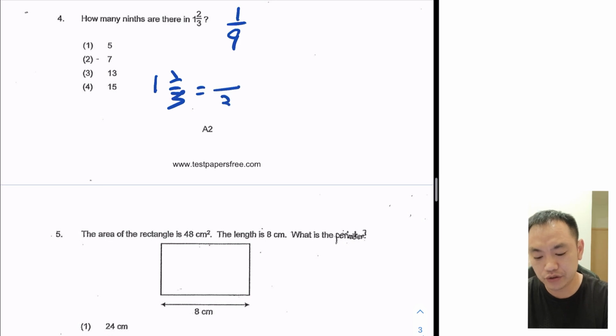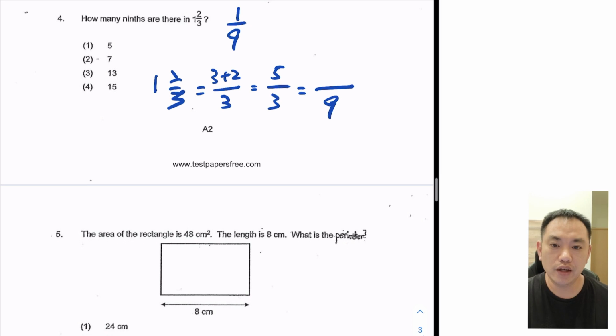Basically, you take 1 times 3 plus 2, which equals 5/3, and then you are looking to convert the bottom to 9, because the question is asking how many ninths are there.